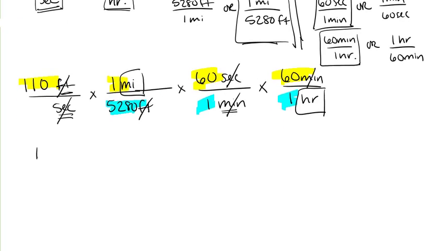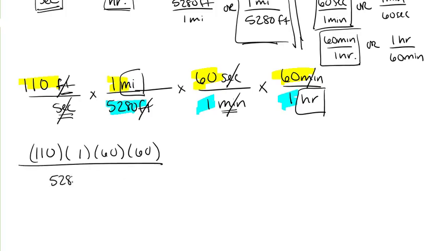So we are left with 110 times 1 times 60 times 60, all over 5,280 times 1 times 1, and this is in miles per hour. So let's get our calculators out.